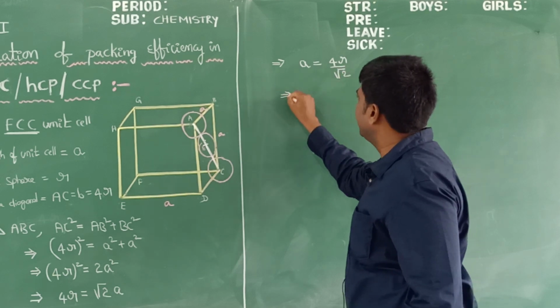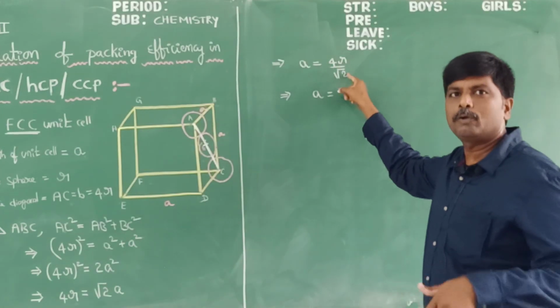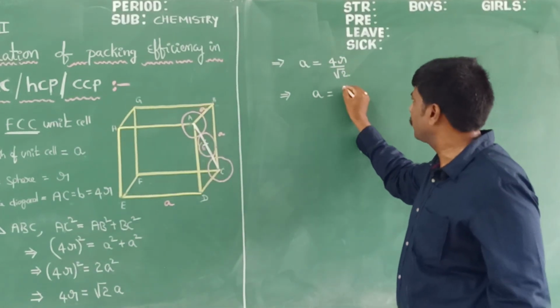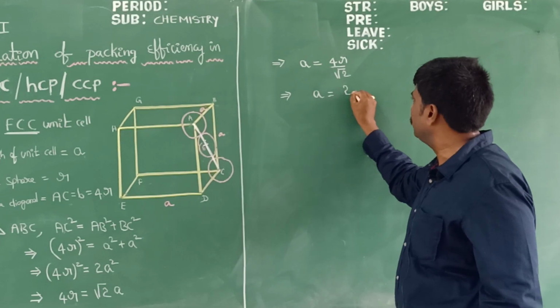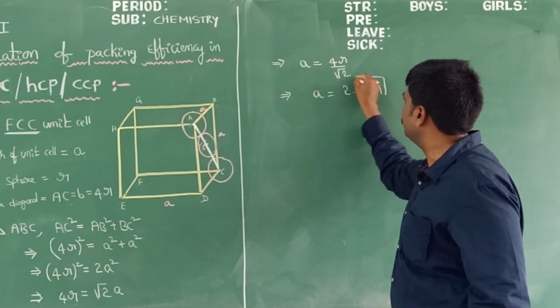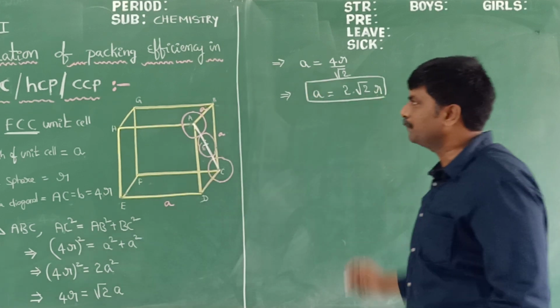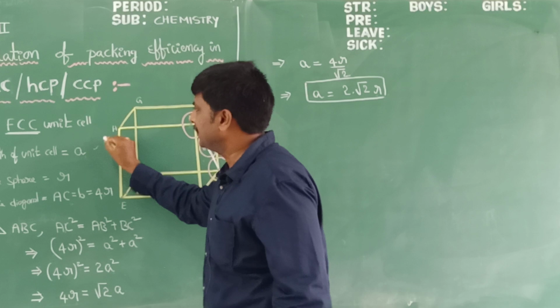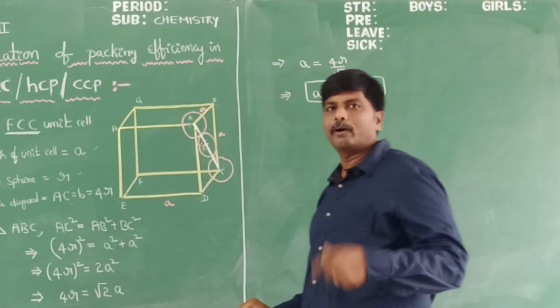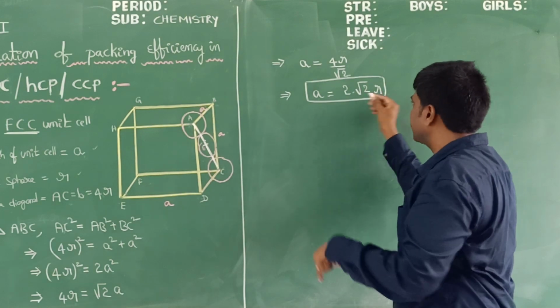You can write 4 as 2 into 2, and root 2 cancels one root 2, so a is equal to 2 into root 2 r. This is the relation between edge length and the radius of the sphere. We want the relation between a and r. We will use this in the next step.